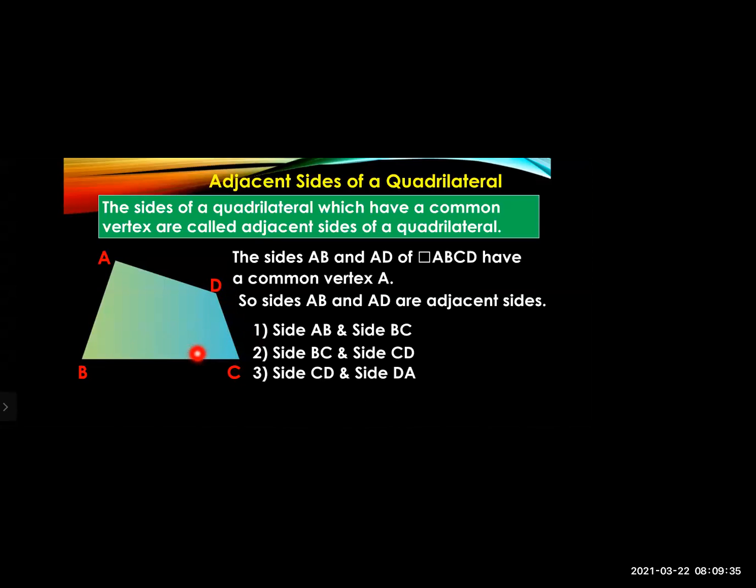And the third, side CD and side DA. Which is the common vertex? D is the common vertex in both CD and DA. So any quadrilateral will have 4 adjacent sides. Every quadrilateral has 4 pairs of adjacent sides.